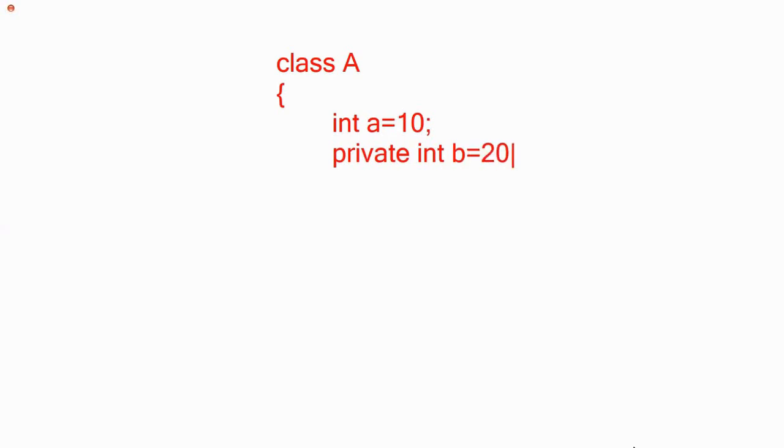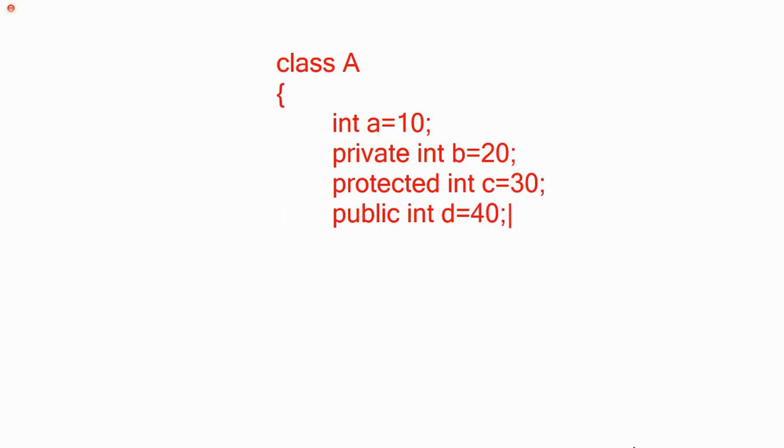Class A. Int A equal to 10. Private int B equal to 20. Protected int C equal to 30. Public int D equal to 40.